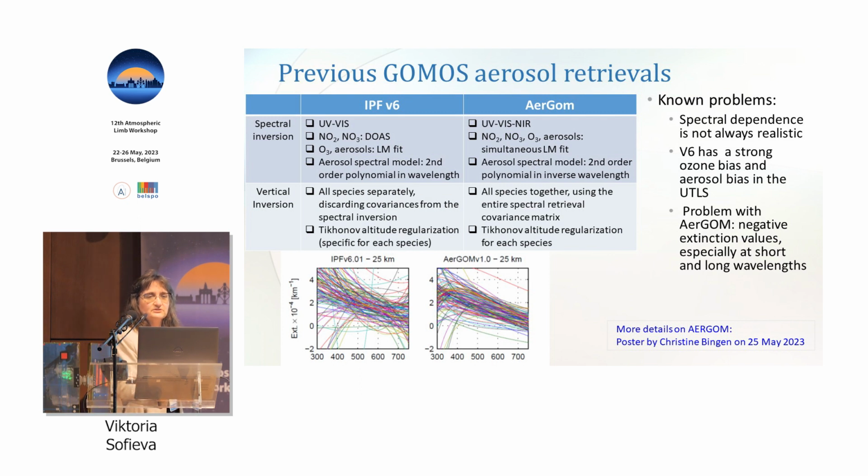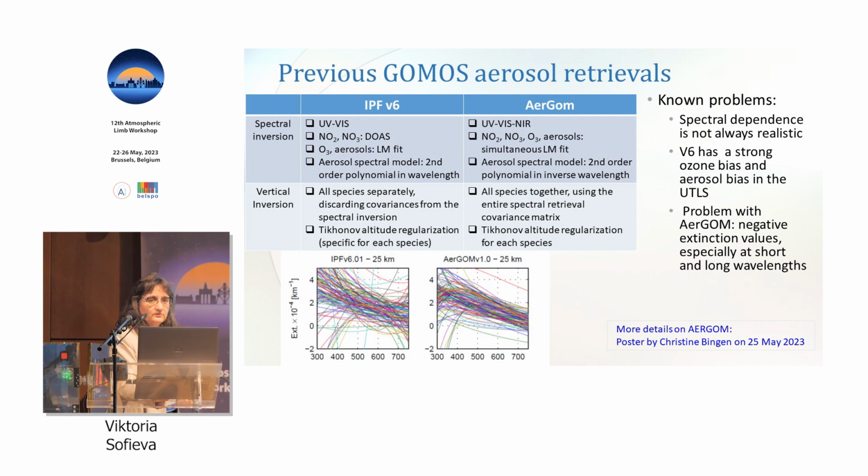In AerGOM, data from the near-infrared spectrometer are also used, with a slightly different fit, but basically a simultaneous fit. They use slightly different laws for aerosol spectra, modeled by a second-order polynomial in direct wavelengths in IPF version 6, and in inverse wavelengths for AerGOM. The vertical inversion is also slightly different, using each species separately in version 6, or retrieving all species together in AerGOM.